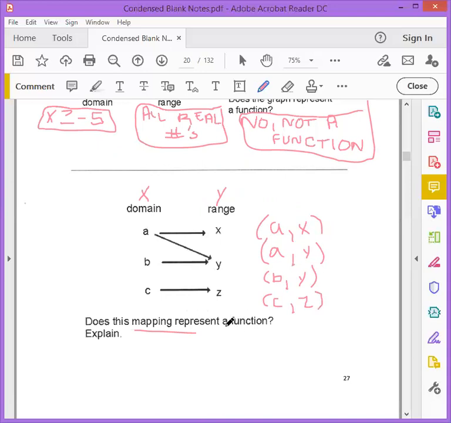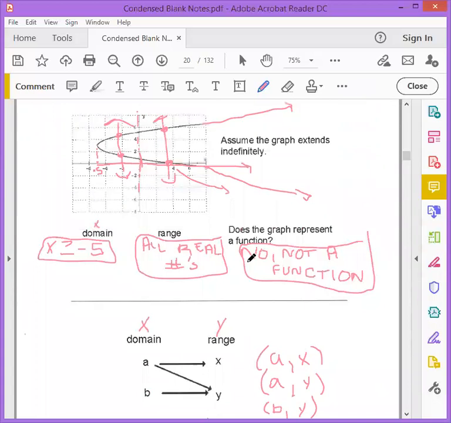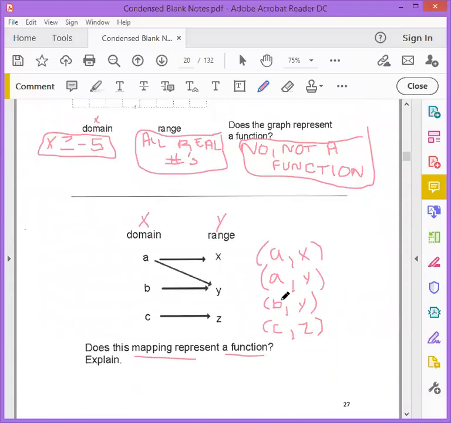What we're looking for to determine if this is a function is different x coordinates. So anytime we have a function, our x coordinates must be different among our ordered pairs. We see immediately that the first and second points have the same x coordinate. They share a domain. Therefore, this is not a function.